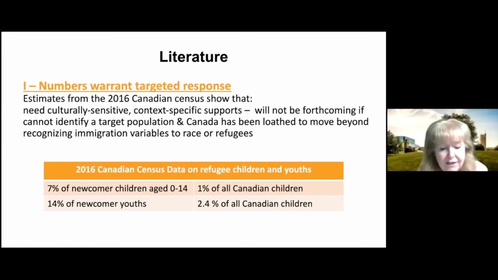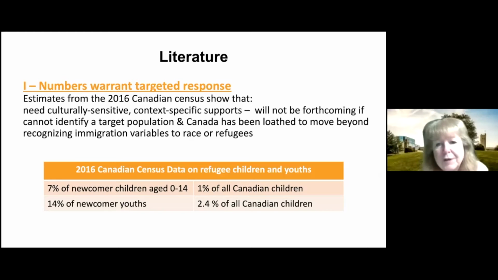And so they need culturally sensitive, context-specific supports. But if they're not identified as a group, if instructors don't know that there are refugees in the classroom, then they won't get the targeted supports that they need.